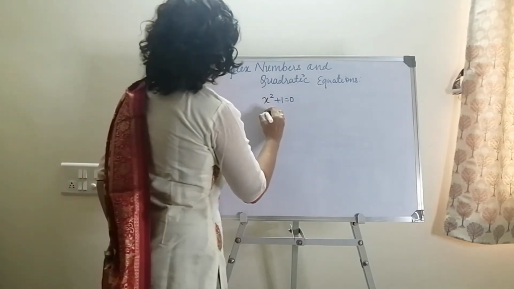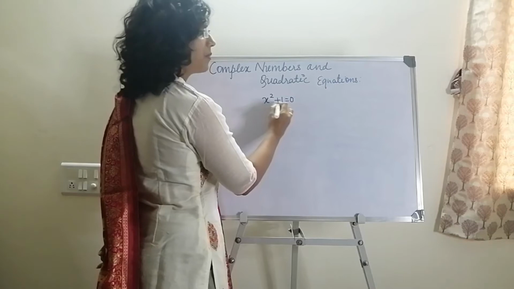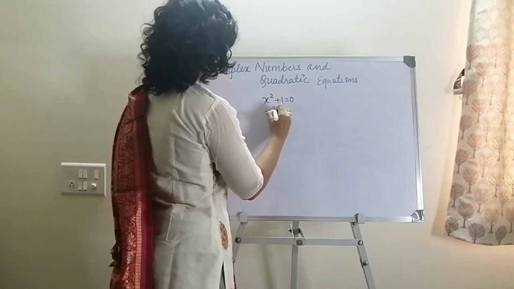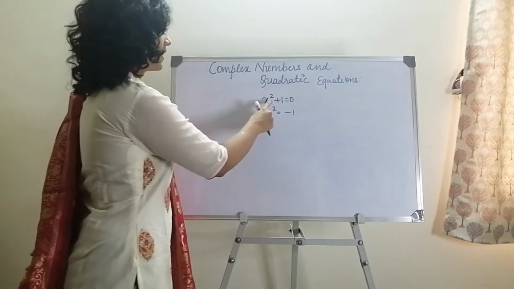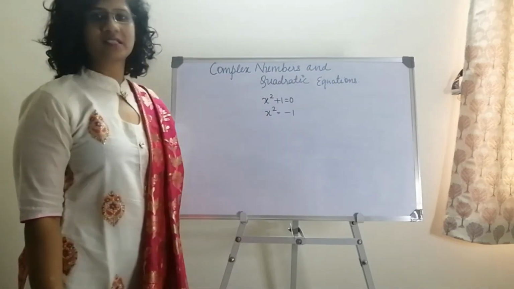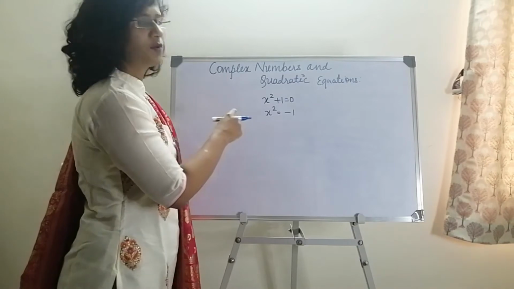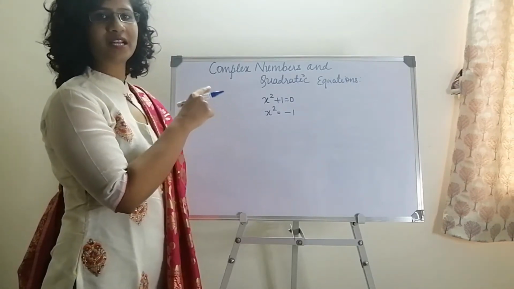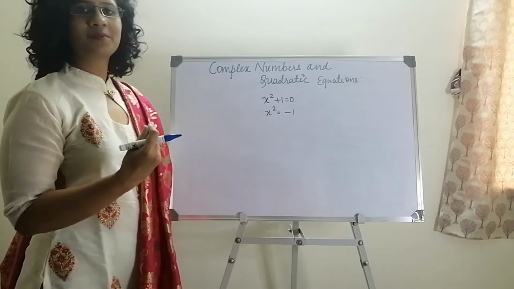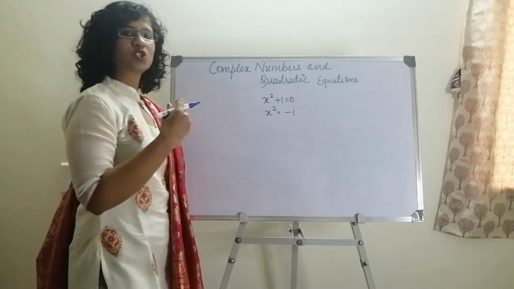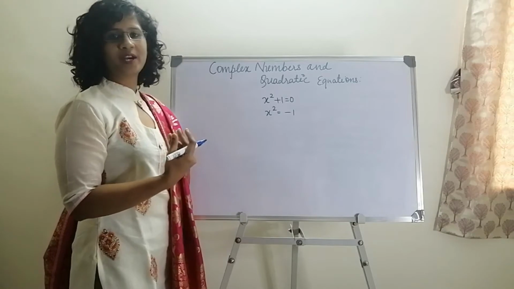So in this equation, if I push plus 1 to the other side, I get x square is equal to minus 1. Now, if I have to remove my square symbol, I have to push that square symbol to the other side. When I take that square symbol to the other side, my square will get converted to a square root symbol.